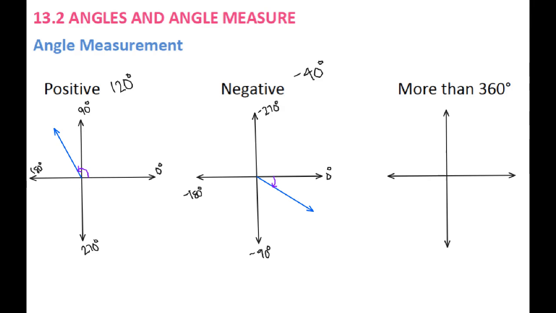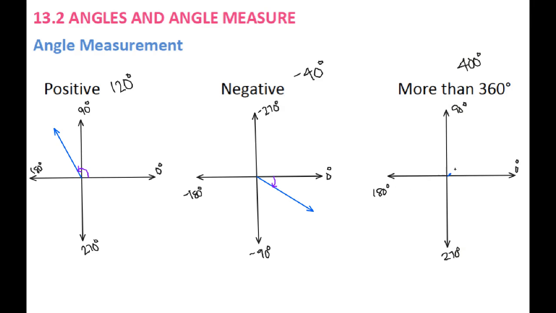And something that is greater than 360, so we'll say 400 degrees. This is positive, so again I'm going to move counterclockwise. So I have 0, 90, 180, 270 degrees. 400 degrees is a full rotation, which is 360 degrees, and then an extra 40 degrees.